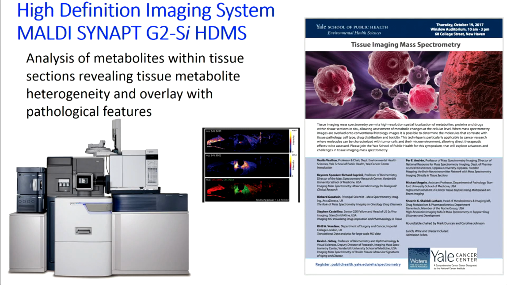Finally, we're going to talk about tissue imaging using mass spectrometry. Again, all these techniques are not new. They're old techniques, and they're getting into the higher end as we move.